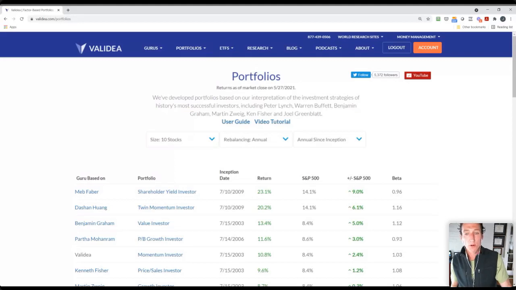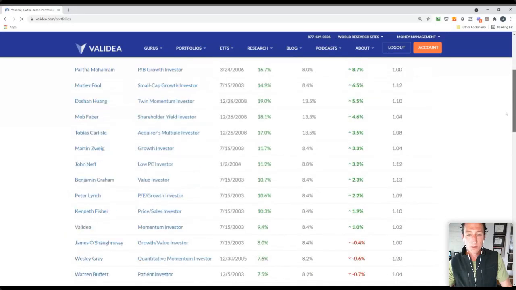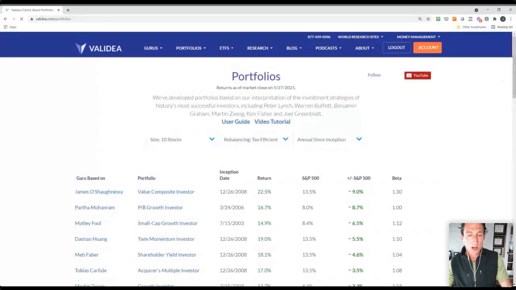Some of them do outperform, but some of them don't. I think they tend to work a little better with the tax system. That still forces the rebalance, but you're harvesting your losing positions and hanging on to your winning positions. So I think that's a little better than just annual.